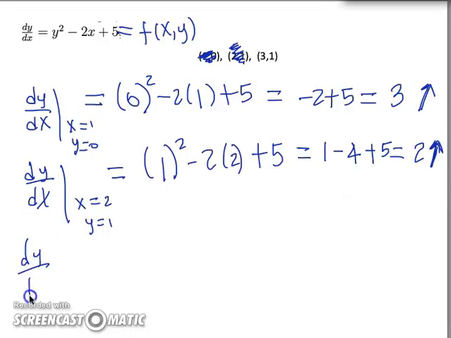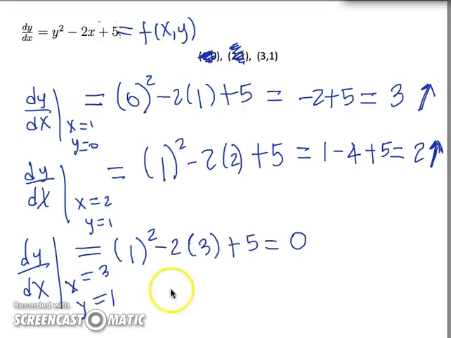And now we do another evaluation using x equals 3 and y equals 1. So when we evaluate 3, 1 in the right hand side, then we obtain a value of 0, and this would be representing the slope equals 0 of some tangent line.